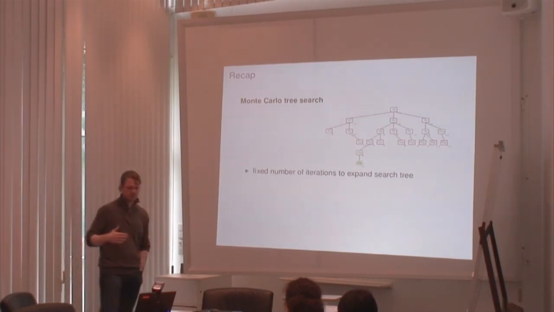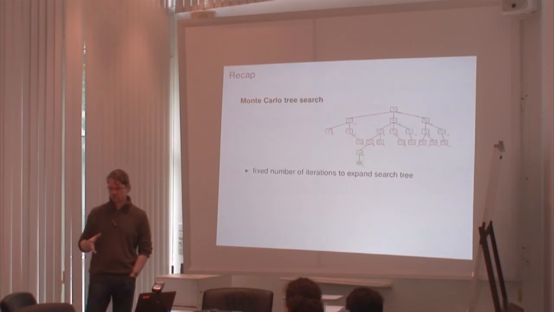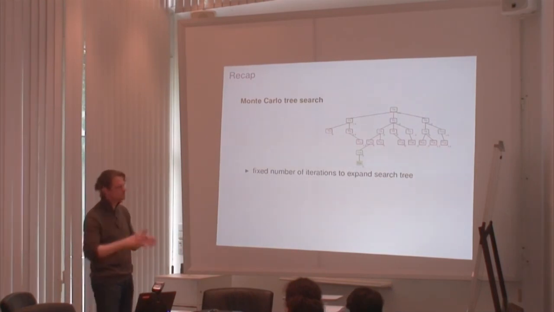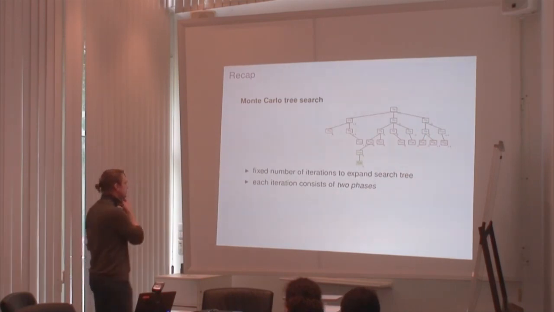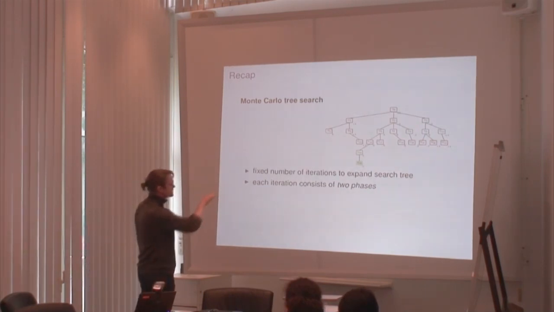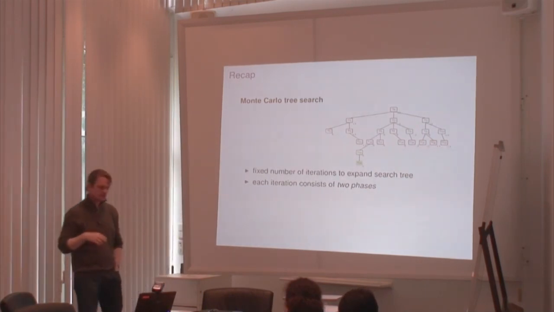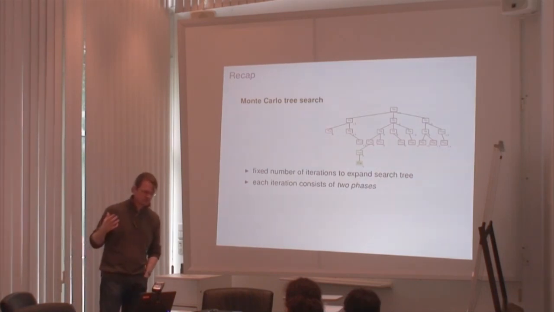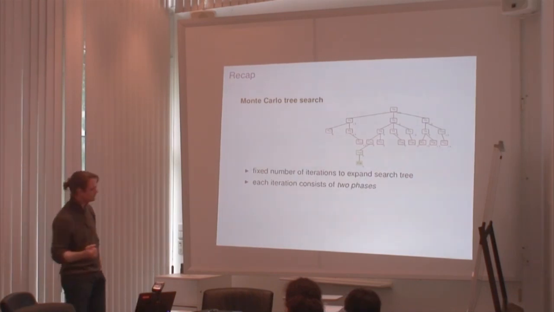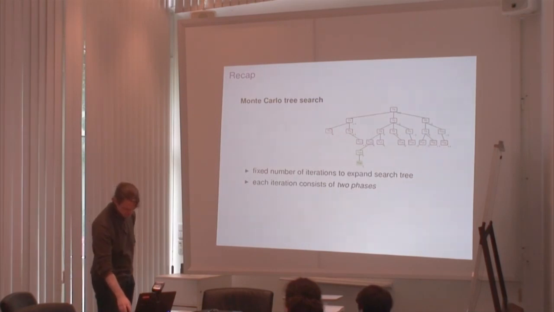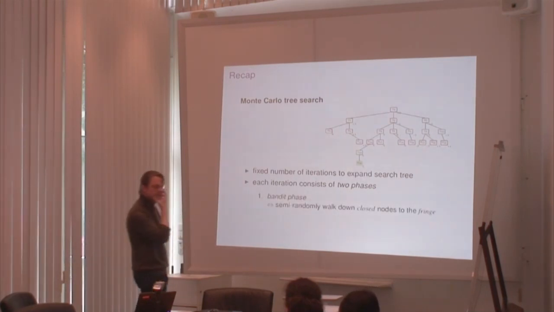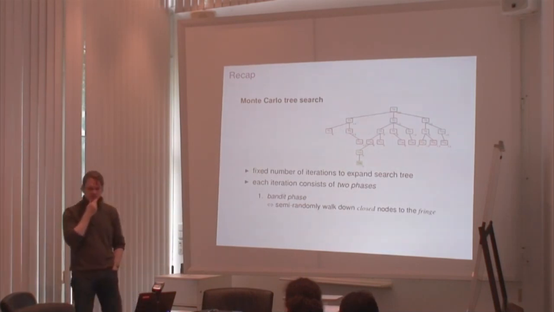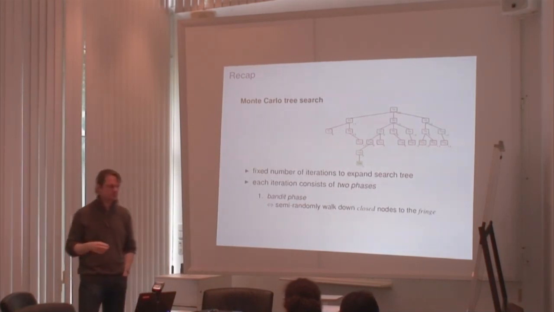It does not really depend on the branching factor anymore. In the end it does, but not really explicitly. We saw that each of these iterations carried out in the Monte Carlo tree search algorithm consists of 2 phases. The first phase, let's call it the bandit phase, after what we discussed last time when we looked into the multi-armed bandit problem.